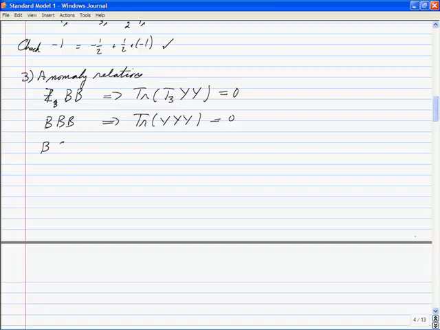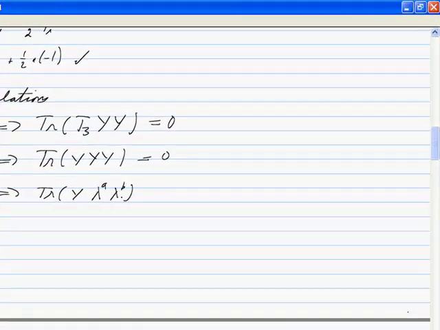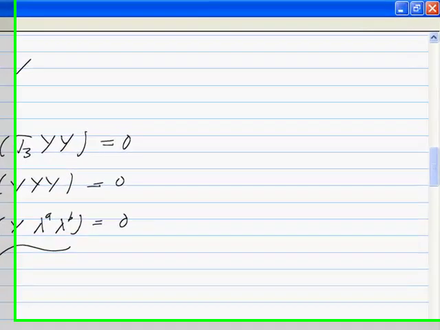There's no coupling between this hypercharge and the gluons, so the trace of Y lambda^A lambda^B, those are the matrices, have to be 0. Okay. So there's a set of conditions. These actually are the most important ones, the most difficult to satisfy.